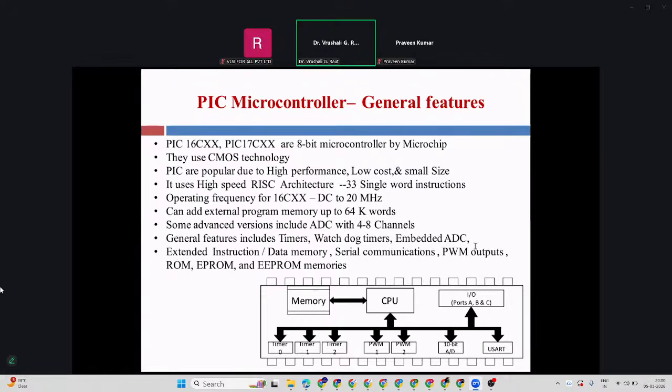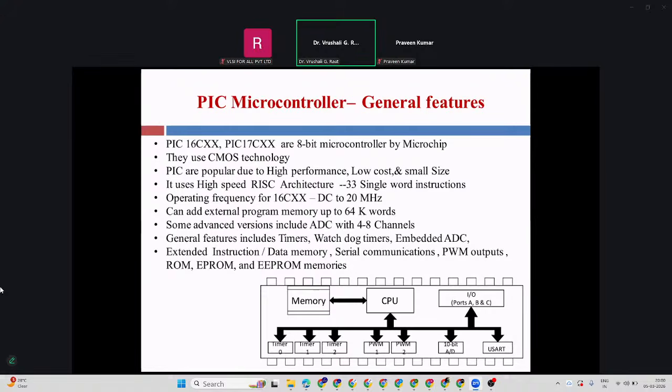Embedded ADC, these are general features. Extended instruction and data memory: more instruction as well as data memory is available. Serial communication is available. Pulse width modulation, ROM, EEPROM memory, all these are extendable. You can extend it.